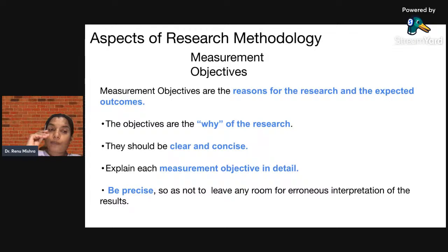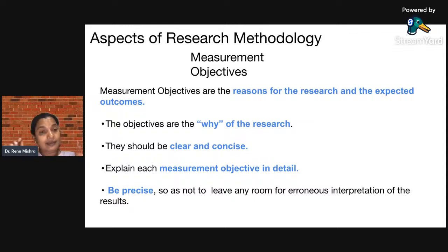Plus, always remember whenever you write your objectives, especially for beginner researchers, I'm saying, just try to focus on the language of objectives: to understand, to study, to explore, to influence. This is something which you should go for. Objectives should never be three, four, five, six lines.